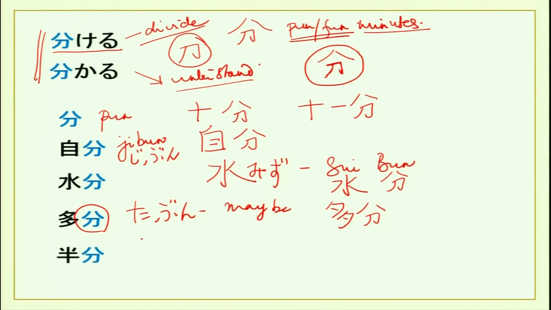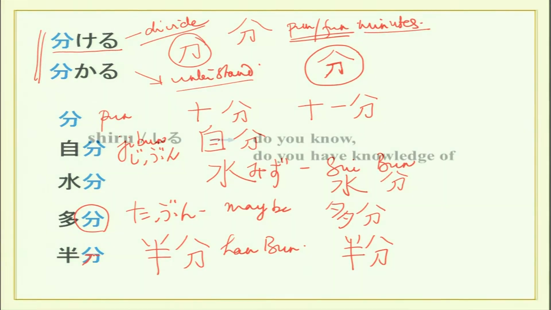Hambun. You understand hambun, han and bun. Cut something into 2, that is han and bun, hambun. So, I will make it once again like this and bun. Remember this stroke is over here, it does not cross this line.